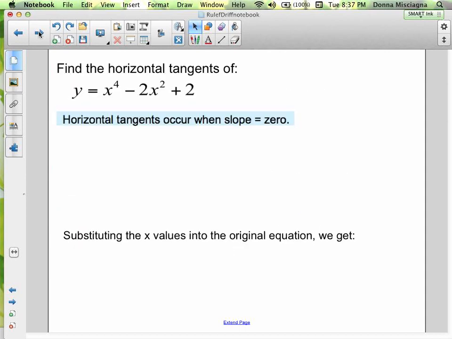All right, so we want to find the horizontal tangents of y equals x to the 4th minus 2x squared plus 2. So horizontal tangents occur when the slope is 0. The slope of a horizontal line is 0.